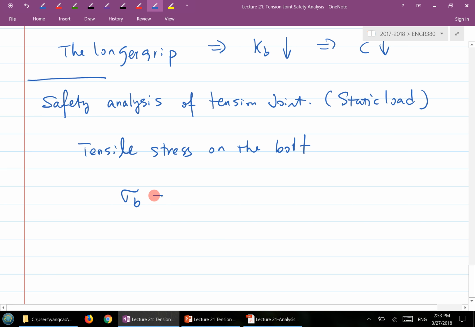Let's use sigma b for the tensile stress here. Very simple, for the static one we use the resultant load on the bolt divided by the tensile stress area AT. FB is CP plus FI, divided by AT. So that's the tensile stress.